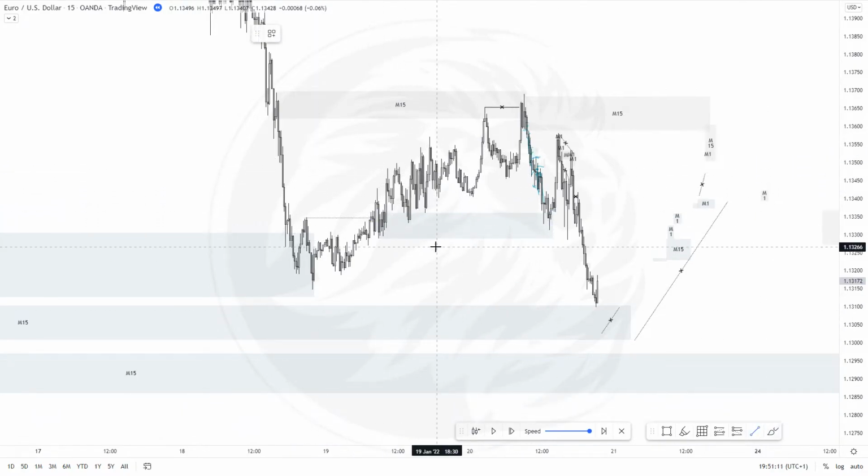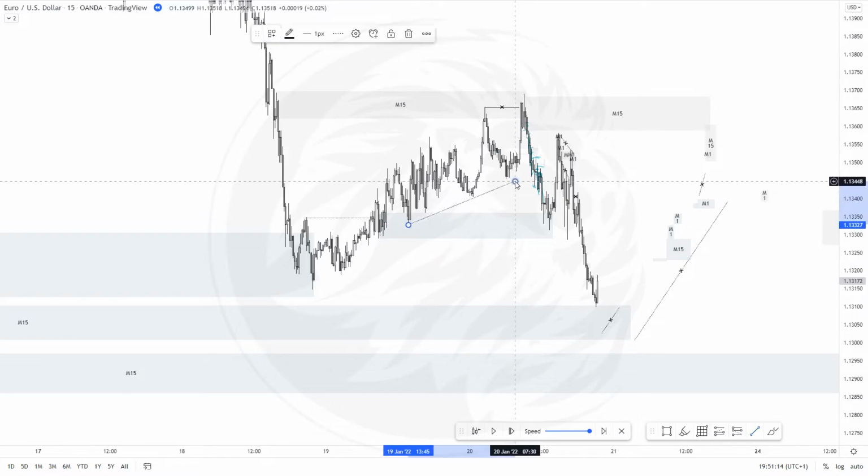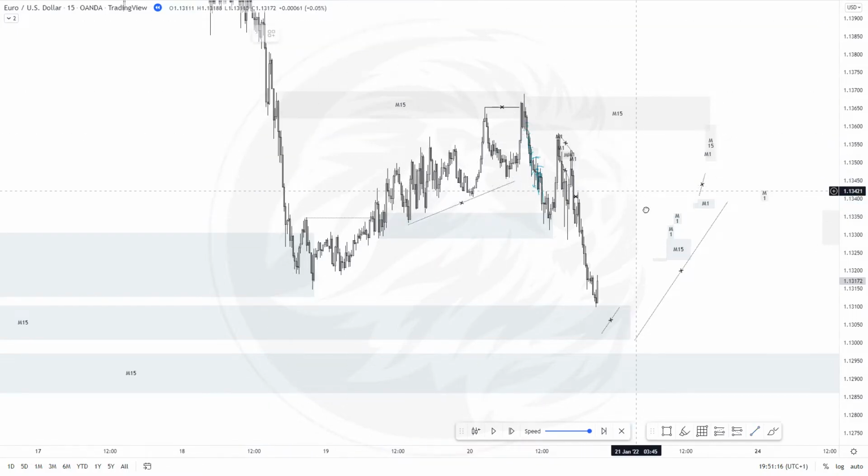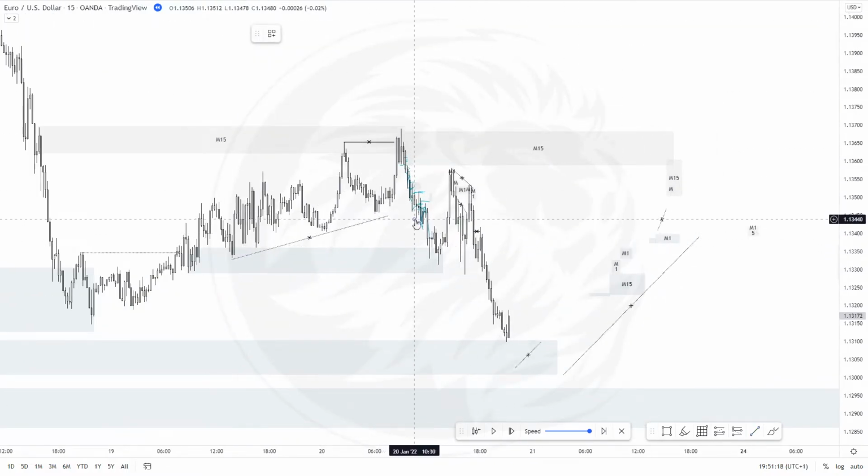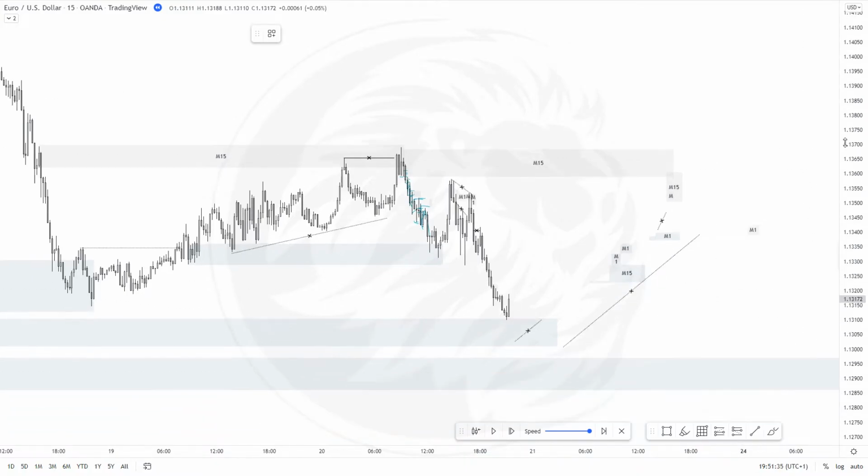So we have all of this inducement for the demand just here. Price strips this liquidity, comes back here into a higher time frame level, but I have my refinement for a reason. Okay, price can come back after and take the little imbalance here as liquidity to go deeper in the market later.